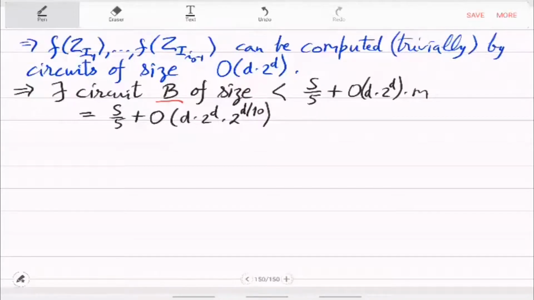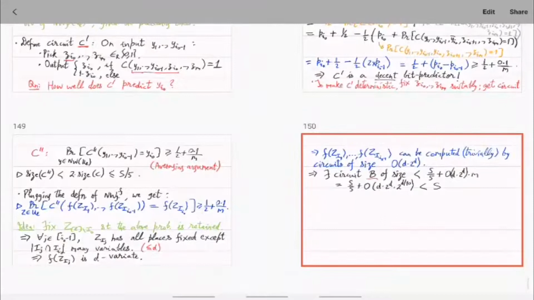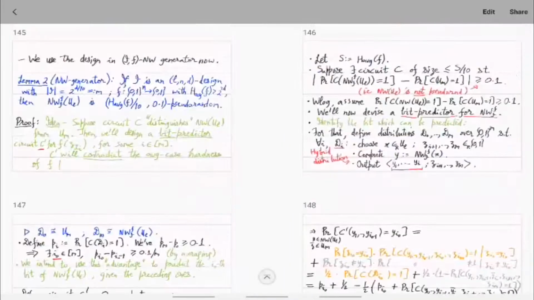And you can see that this is all less than s. This again will come from the value of s. In lemma 2, we assume that the average case hardness of f is more than 2 raised to 2D. That is what we had assumed, right?